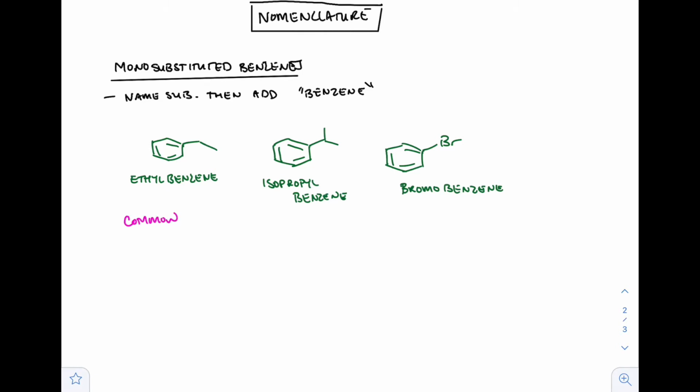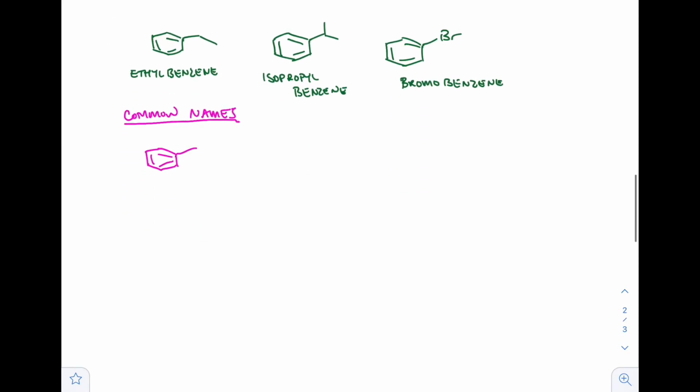So that's pretty chill, right? The thing about benzene is that we do have common names. When we've got a methyl on that benzene, when we have an OH on that benzene, like a hydroxyl, or when we have an NH2, an amine, like an amino benzene, the common name for the methyl is toluene.